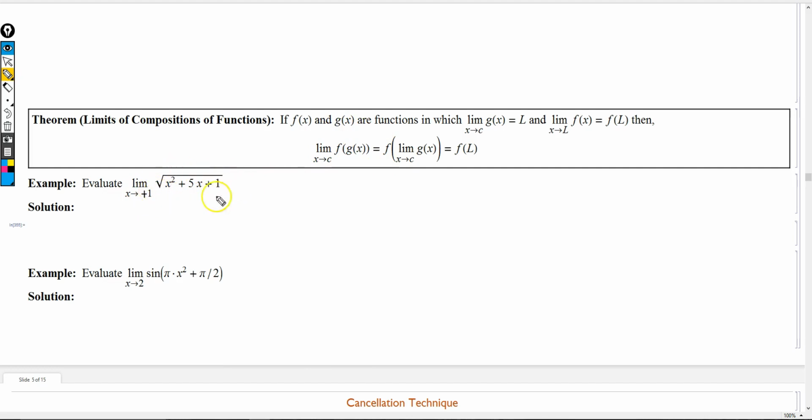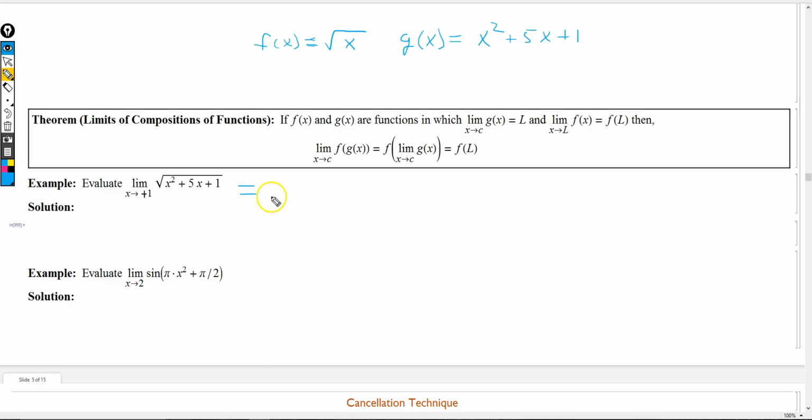You see, for this problem right here, the f of x is really the square root function, and the g of x is the x squared plus 5x plus 1. So what this theorem is justifying is moving the limit underneath the square root.